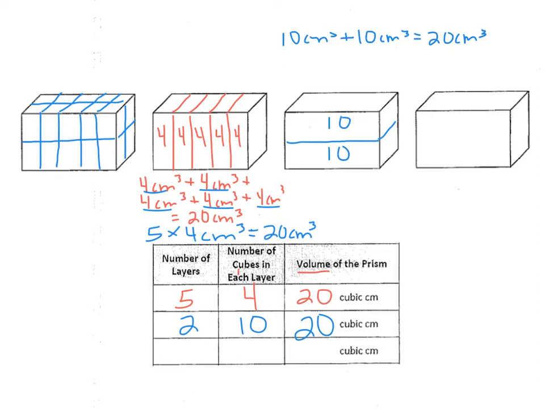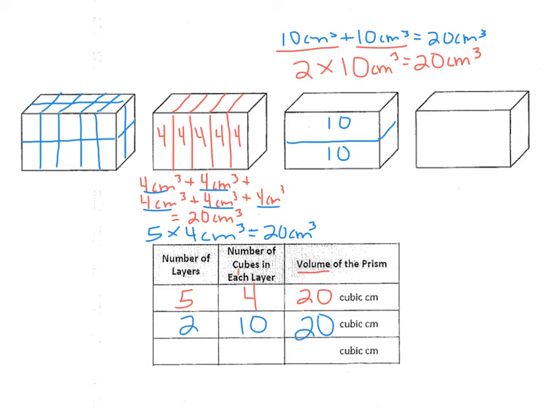How many groups of 10 cubic centimeters do I have? 2. So 2 times 10 cubic centimeters is equal to 20 cubic centimeters. It's a positive that my answers for volume of prism are both 20 so far.